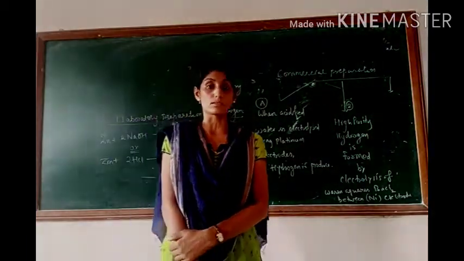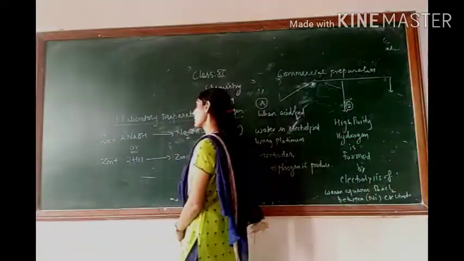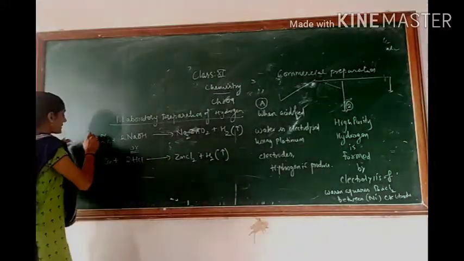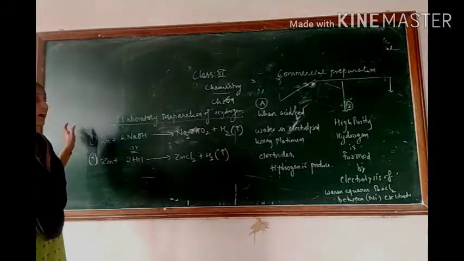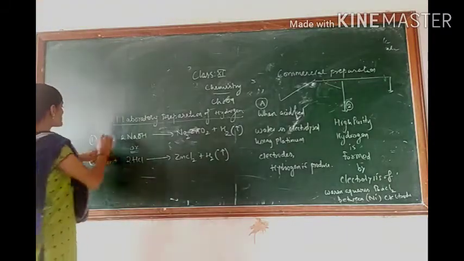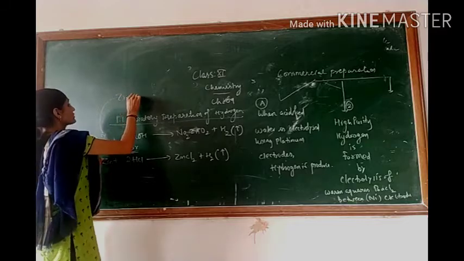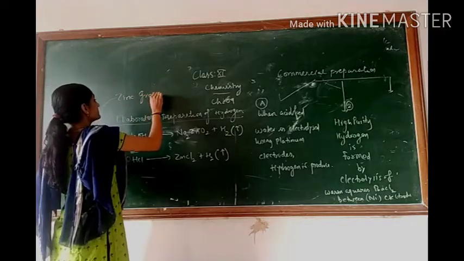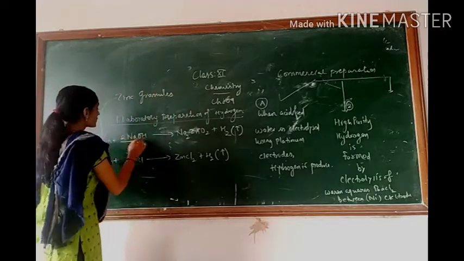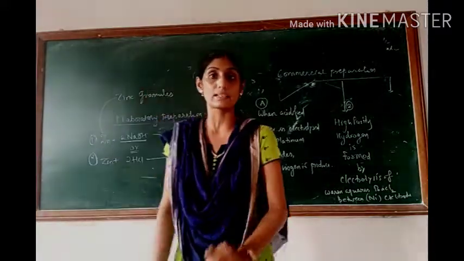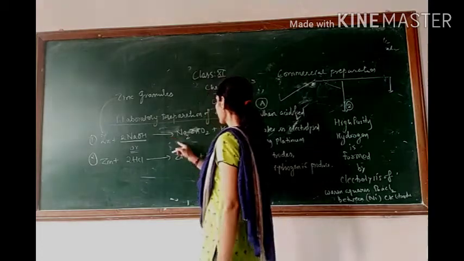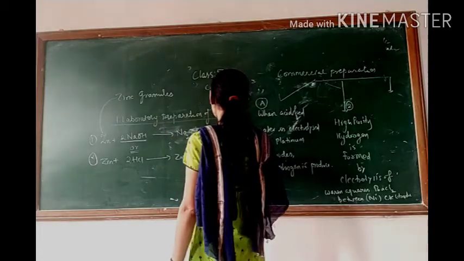For many particular purposes. So now when we talk about the laboratory method, here I have only written the chemical reaction, and from the chemical reaction we learn how it is prepared. Whenever zinc granules are added into sodium hydroxide dissolved in water, that means an alkali, caustic soda, it produces sodium zincate along with hydrogen gas.